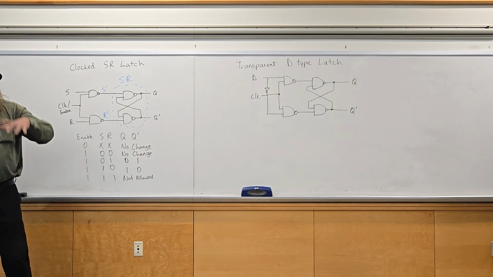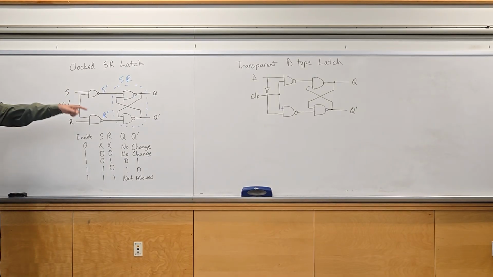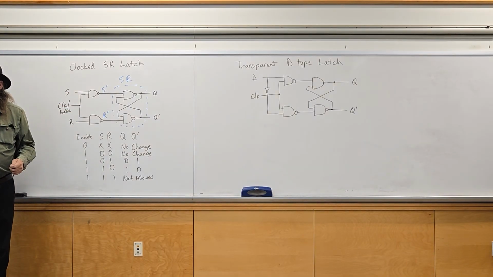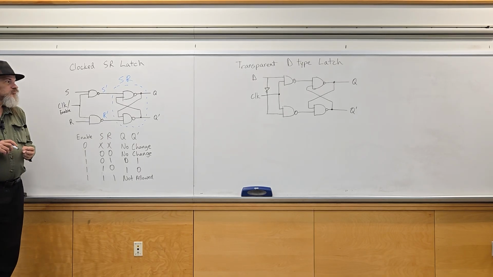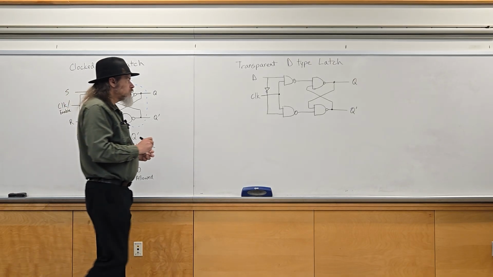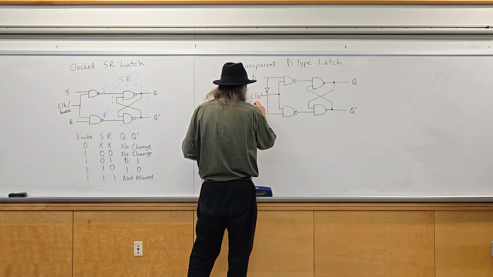So when the enable is low, it latches whatever was on D at the time, on the falling edge of the input clock or enable. I should put the enable here.